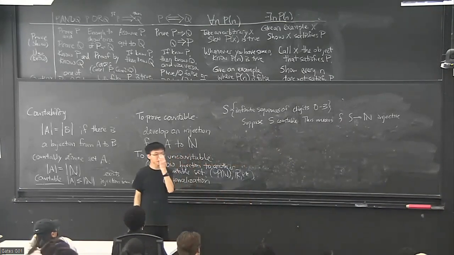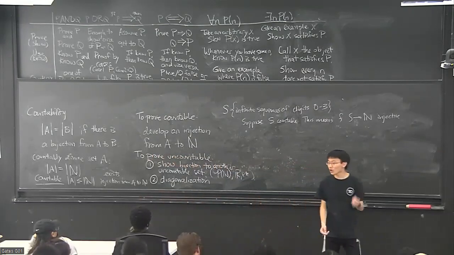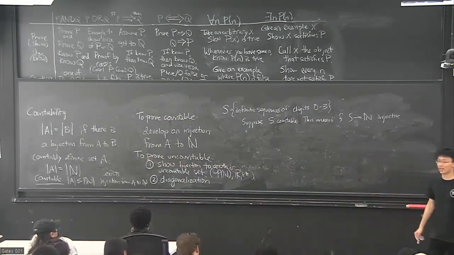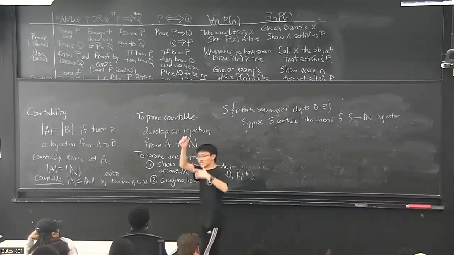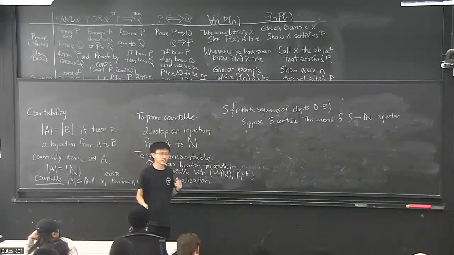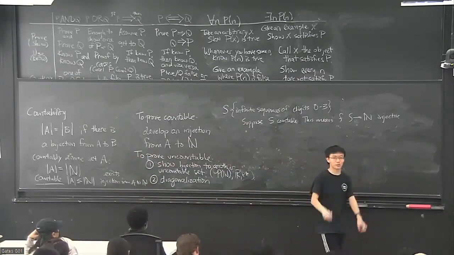The technique of diagonalization is a method to destroy any suggested function that you might have. A lot of times when you see a diagonalization proof, you see a table, and you draw the table and write the diagonalization. That table actually is not really the proof.